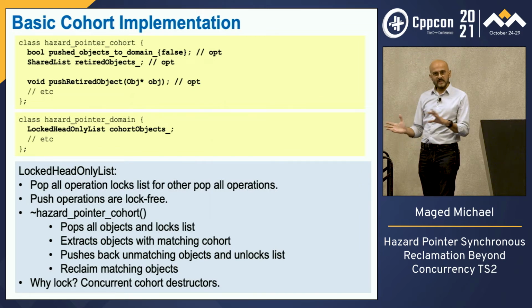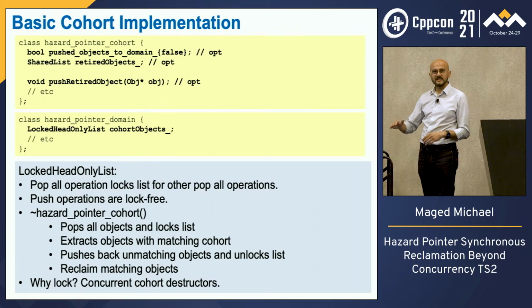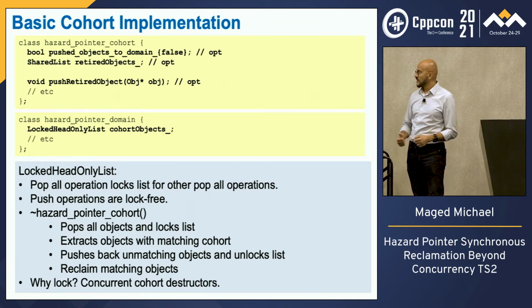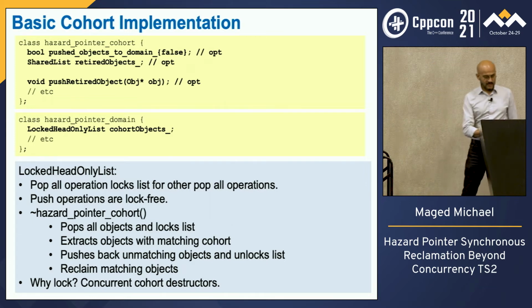Then, without holding the lock outside the critical section, it reclaims the matching objects. It does not need to check hazard pointers, because we're destroying the cohort at the end of the use of the objects that belong to it. This is synchronous reclamation, where we really need to destroy these objects. There's no follow-up to that. And as I said, we use a lock because of concurrent cohort destructors.